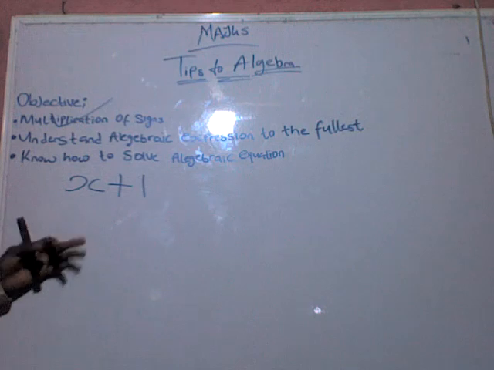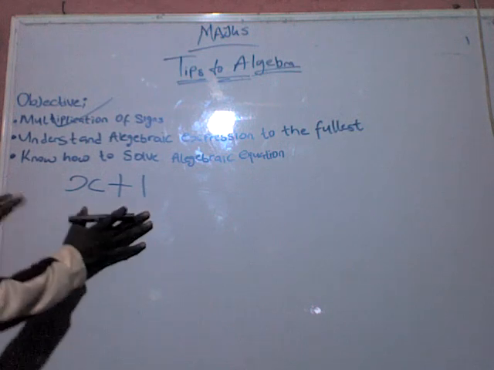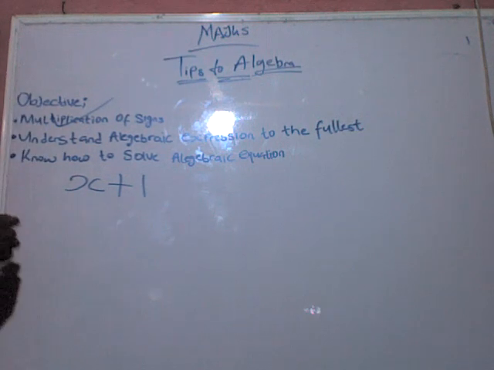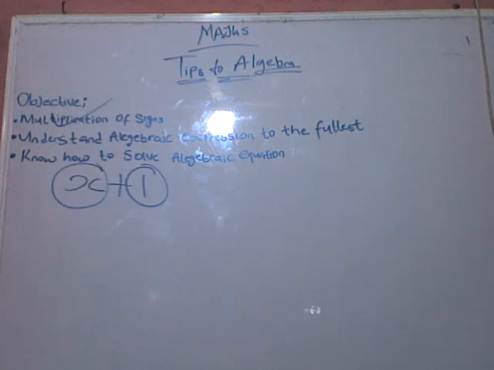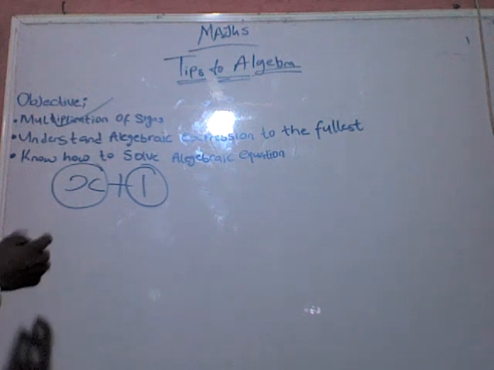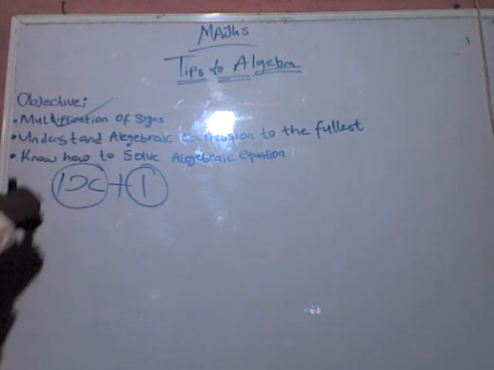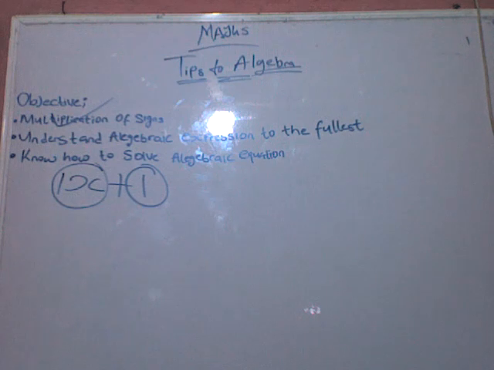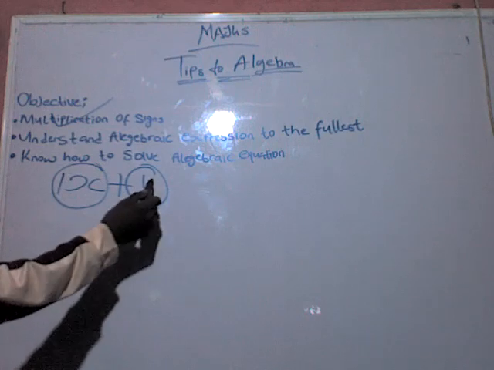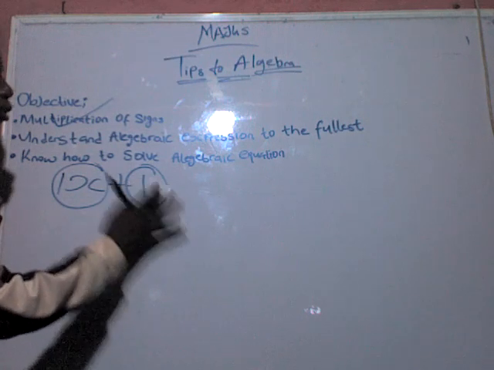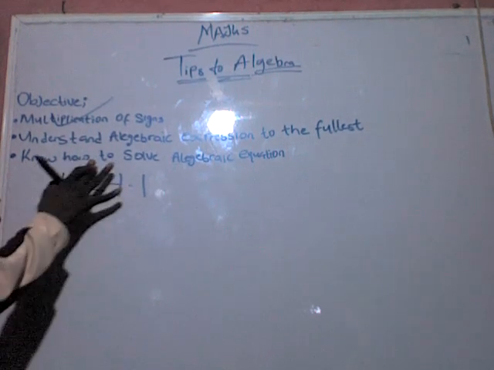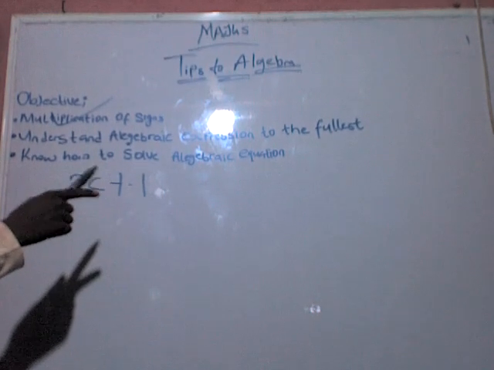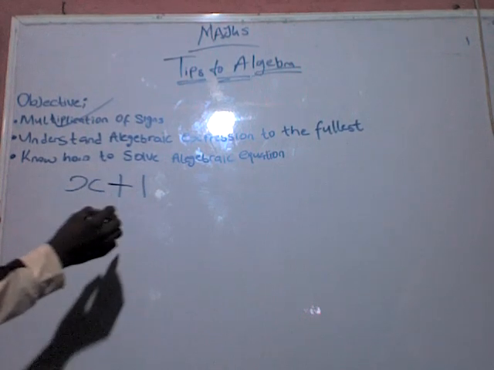Firstly, what you have to look at is, are these two guys the same? You might say yes, because x has an invisible 1, but the correct answer is no, because 1 here is not having a variable of x. So this question can't be added together, because 1 doesn't carry the variable x.